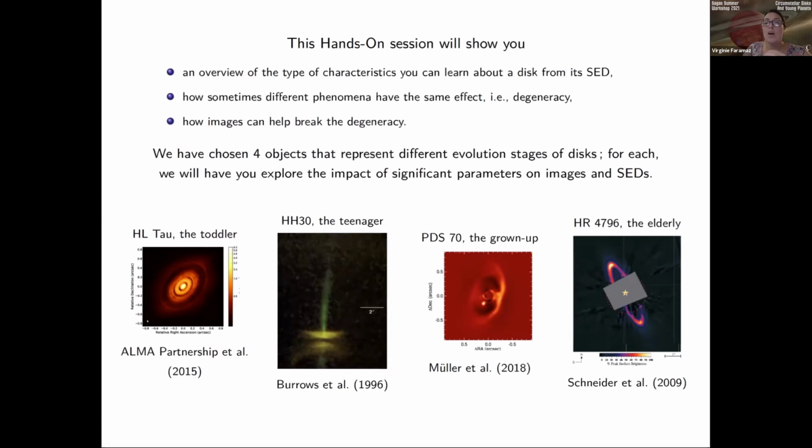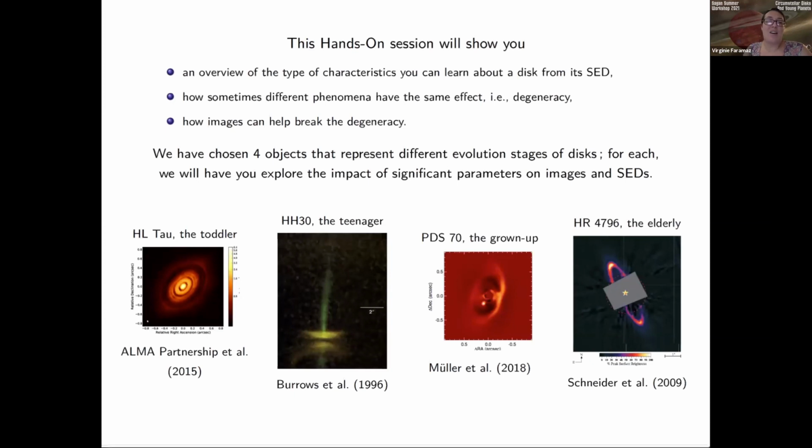And so here, in the order, time goes from left to right. So you have HL Tau. HL Tau is this beautiful disk with gaps in it that was revealed by ALMA, but HL Tau is surrounded by an envelope, so it makes it still very young.